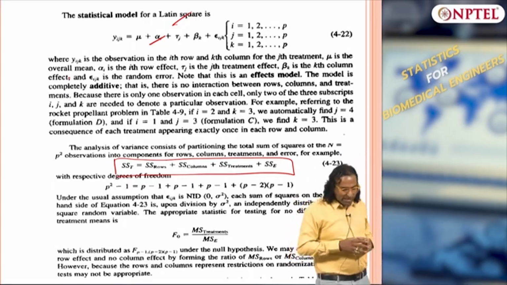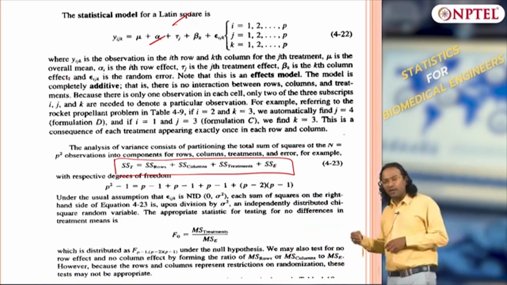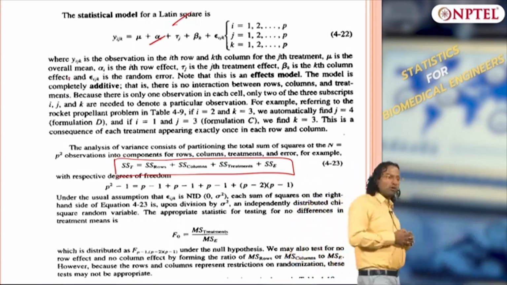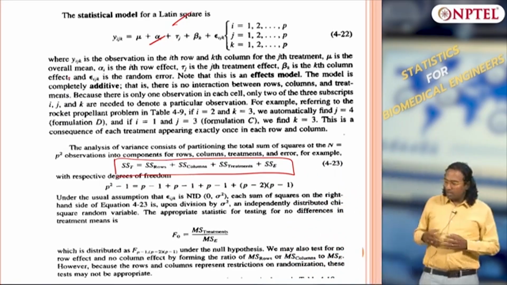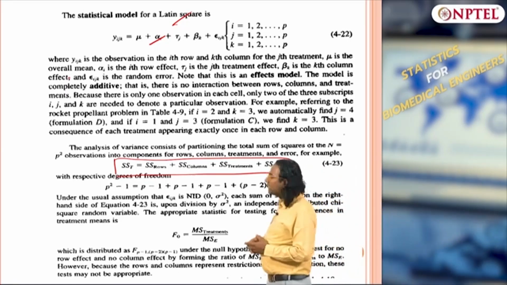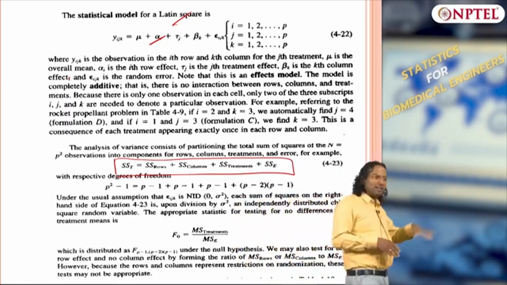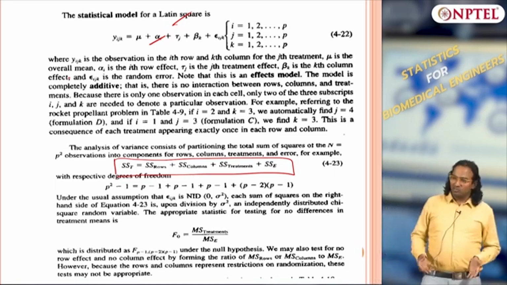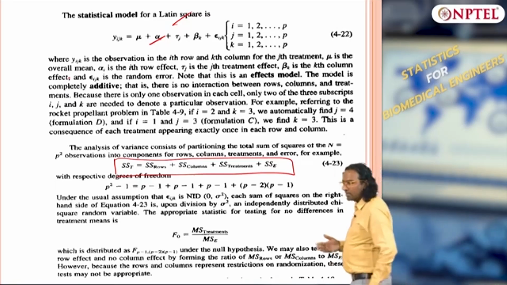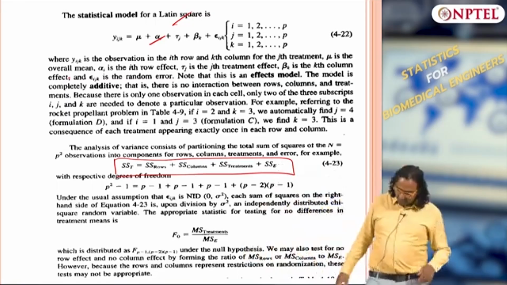So this is the statistical model for a Latin square, where we have extended by one more independent variable, and the sum square total is now split into rows, columns, treatments and sum squared error. The advantage of doing it is that sum square error becomes even lower, but at the same time the degrees of freedom also get lower. Nothing comes for free. So we have sum square rows plus columns plus treatments plus error.